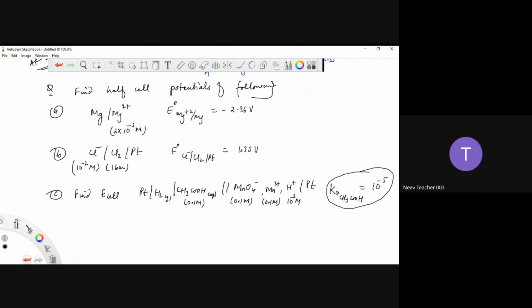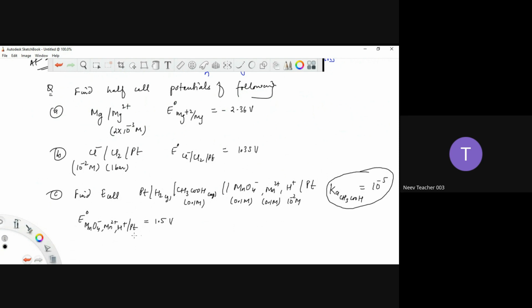What else do you need? You will need E naught of this reduction half. So E naught of MnO4 minus, Mn2 plus, H plus, platinum is basically 1.5 volt.